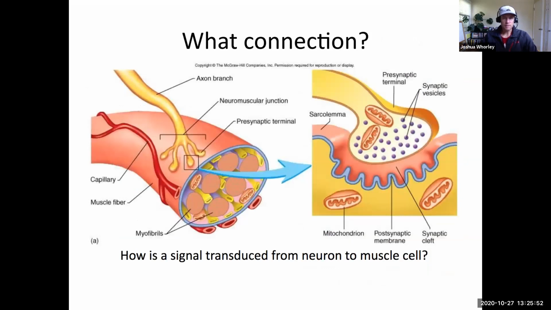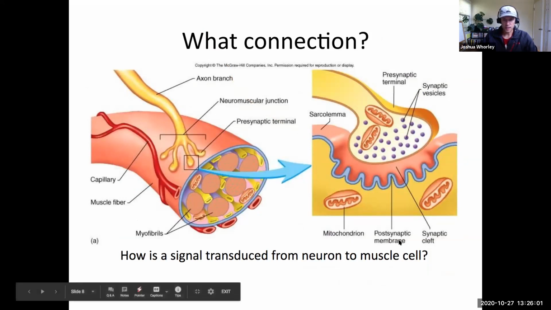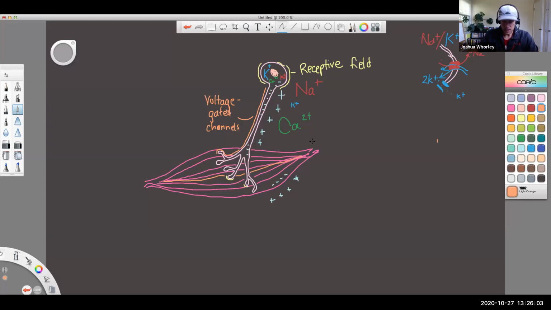Okay. So maybe this is a good place to stop and you can review that, and I will just pop back out here to our sketchbook. You can see, just remind yourself, receptive field, that's where we have the gated channels that are opening in response probably to a chemical in this case, the binding of some kind of chemical to them.